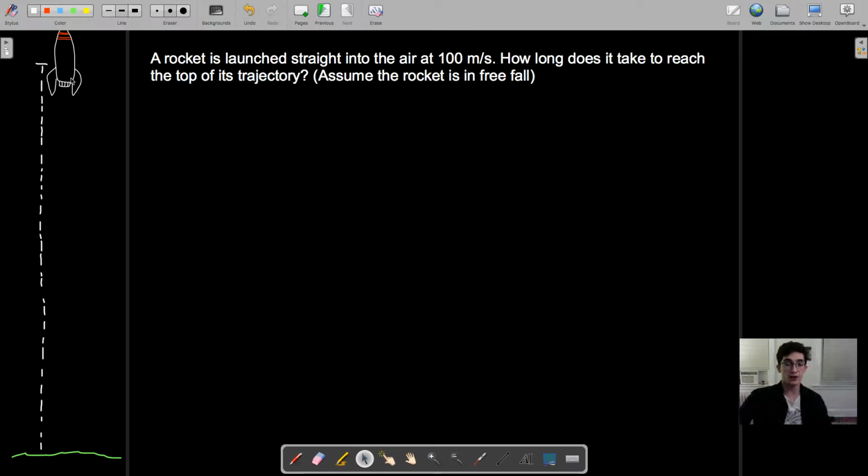It's going to be accelerating downwards this whole time. So it's going to start at a velocity of 100 meters per second. And it's going to slow down until it eventually hits the top of its trajectory and falls back down. And so your job is to decide, how long does it take this rocket to reach the top of its trajectory before it starts falling back down to Earth?